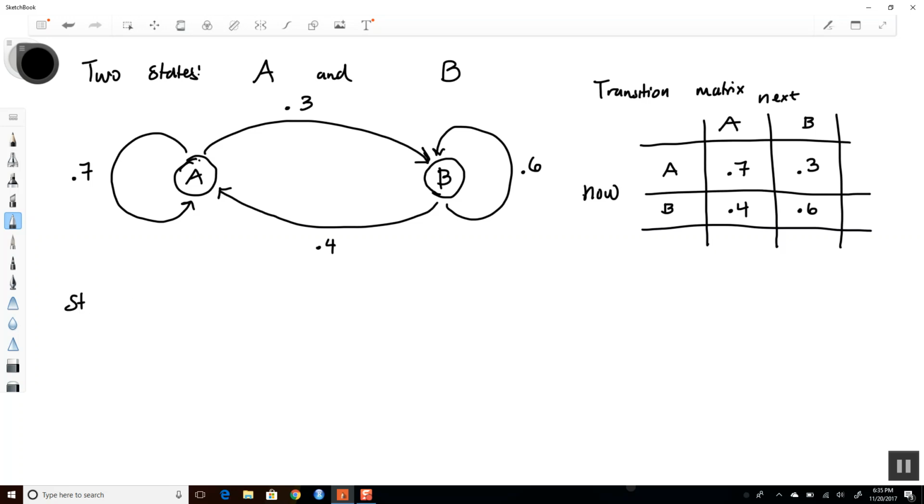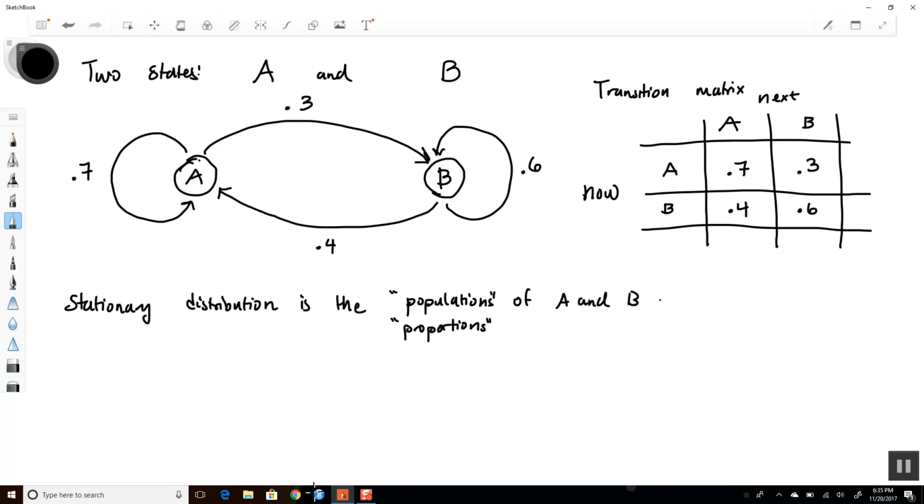The stationary distribution is basically the, quote, population of A, or proportion, or we can just say proportions or populations of A and B, so that the amount leaving is the same as the amount coming in.